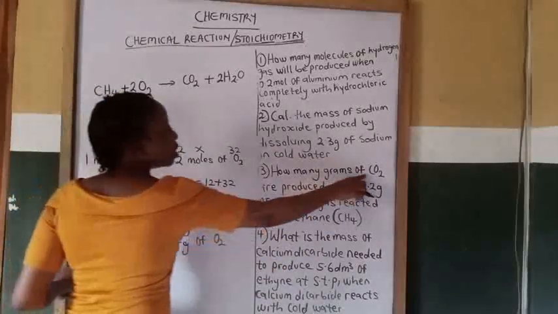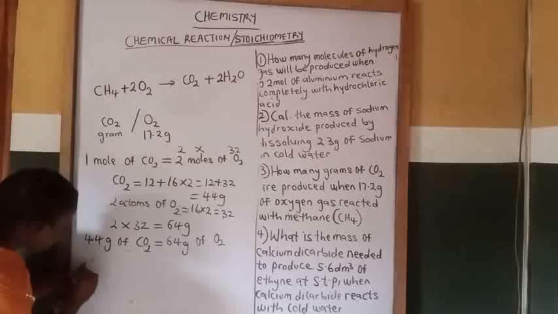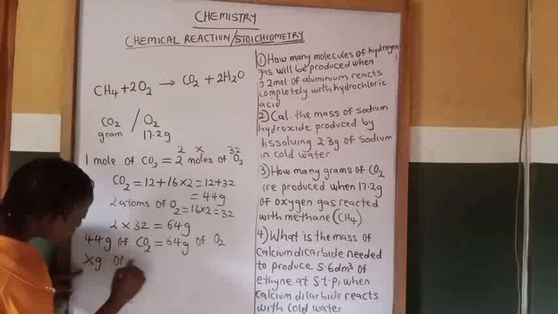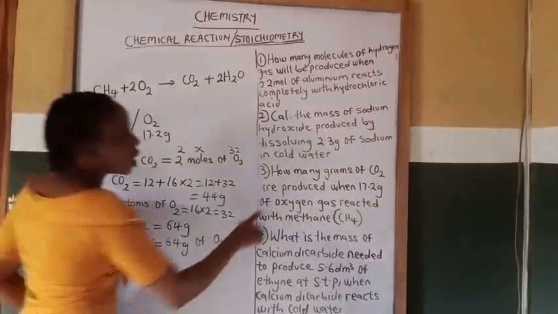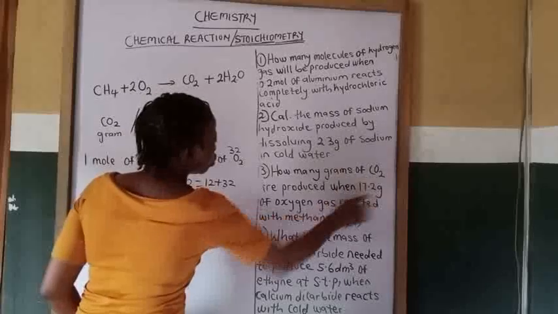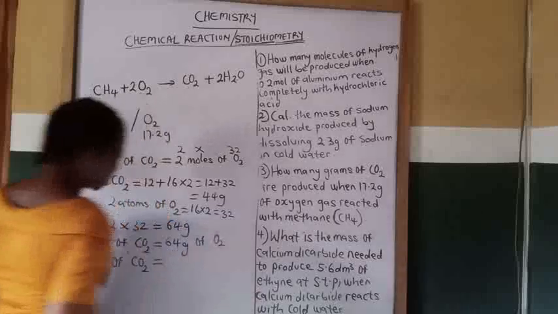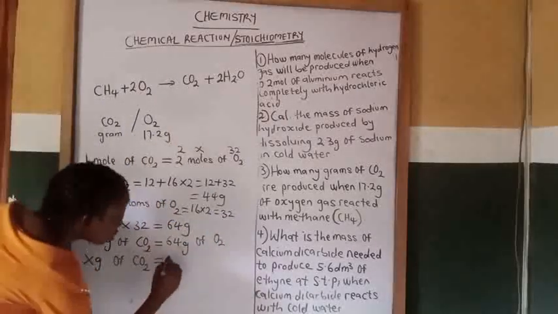Now, they said how many grams of CO2? I'm looking for the what? The mass of CO2. So you come under CO2, you write x gram because you don't know now. x gram of CO2 are produced when 17.2 grams of oxygen. So come under oxygen, write 17.2 grams.